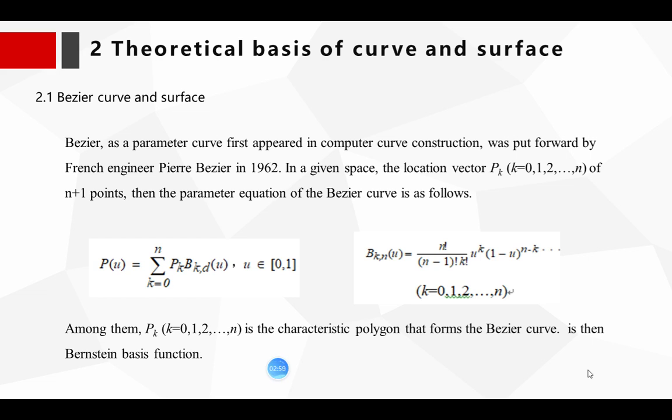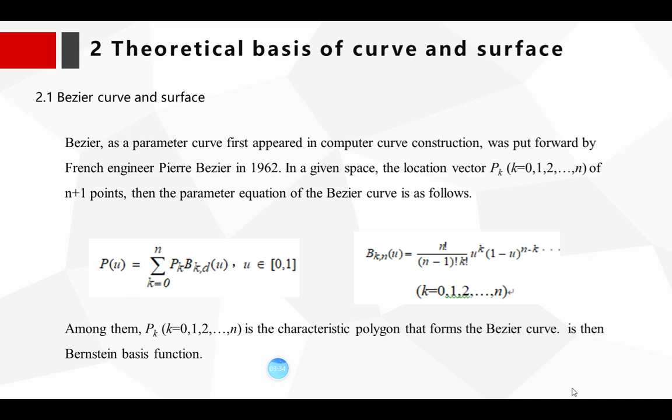Bezier, as a parametric curve, first appeared in computer curve construction and was put forward by French engineer Pierre Bezier in 1962. In a given space, given the position vectors Pk of m points, the parametric equation of the Bezier curve is as follows.